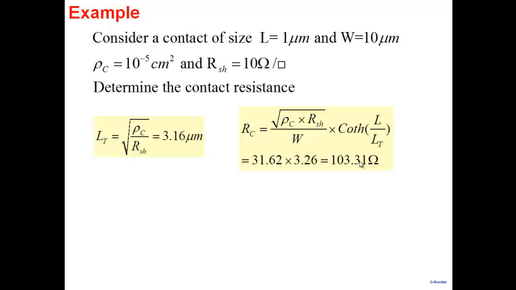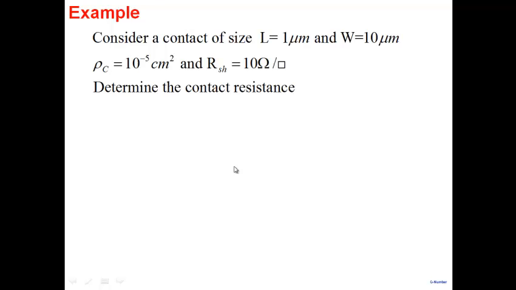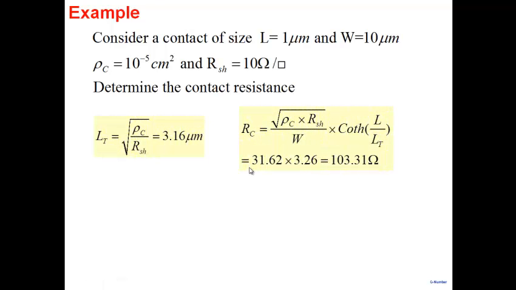103. Here, the current starts from here and then flows laterally. But suppose I had the same contact and the transport had been totally vertical, in the sense that this contact had been at the bottom. What would have been the overall contact resistance?